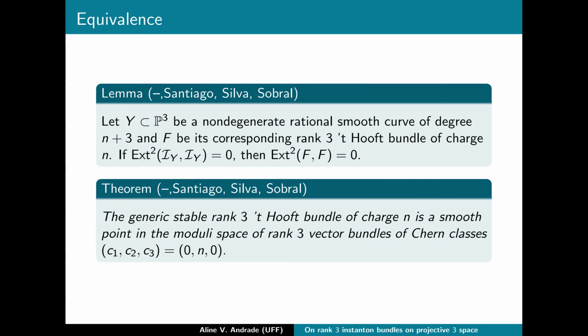Well, I don't know. The only correspondence with curves that appears in this study was the one given by the Hartshorne-Serre correspondence. So 16, I guess, is the dimension of rational quartics, if I'm not mistaken.